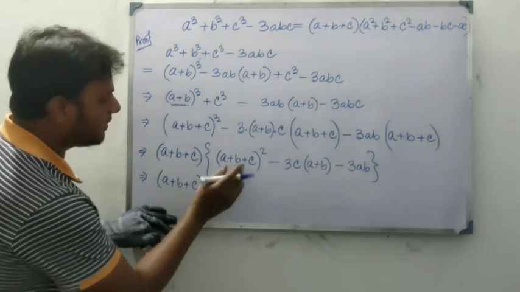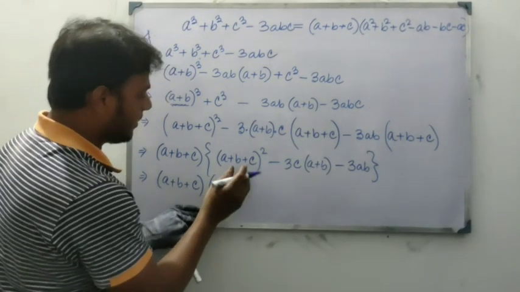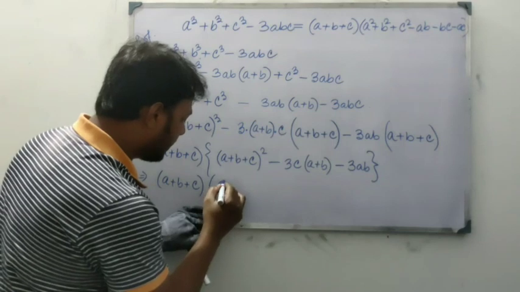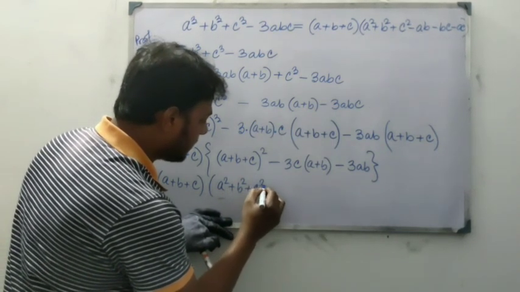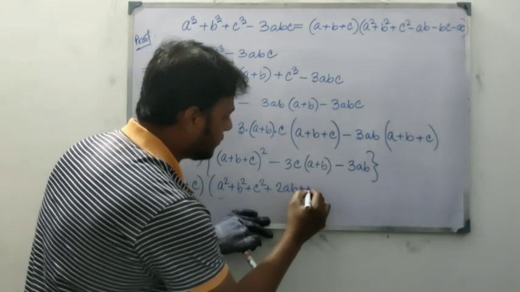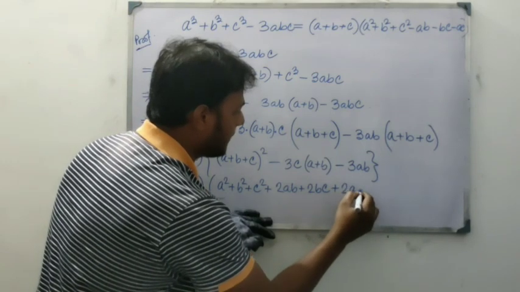Next simplify only within the second bracket. So a plus b plus c whole square, direct formula, equals a square plus b square plus c square plus 2ab plus 2bc plus 2ac.